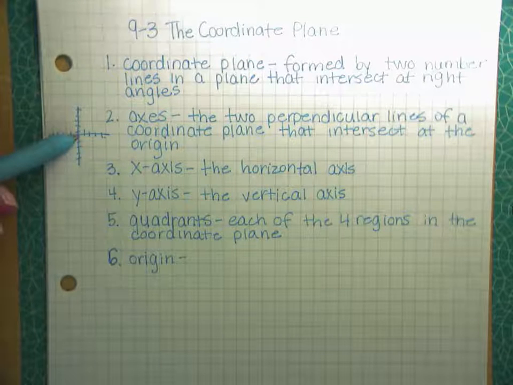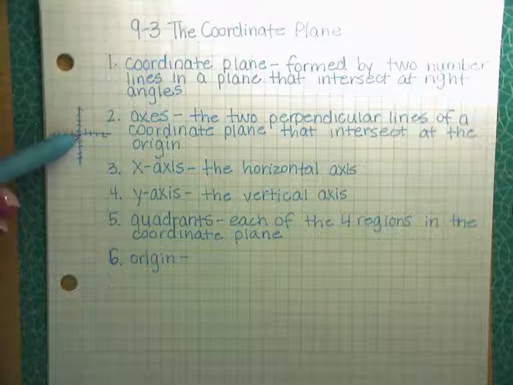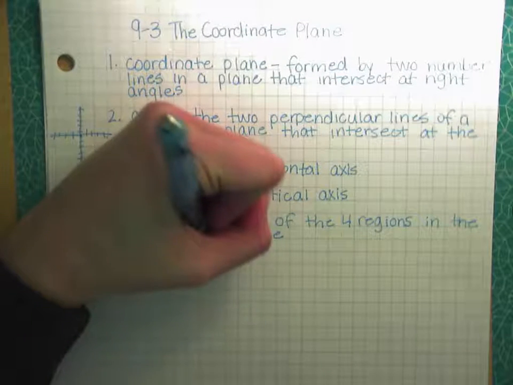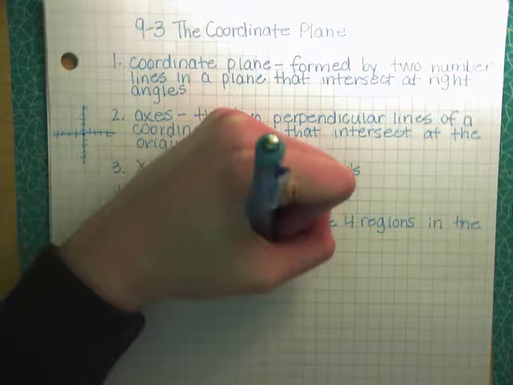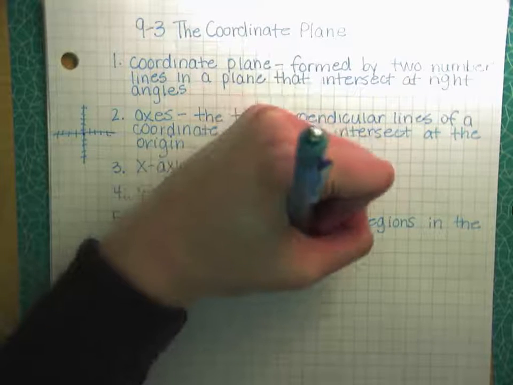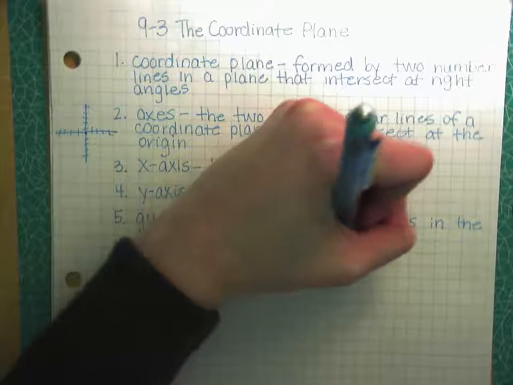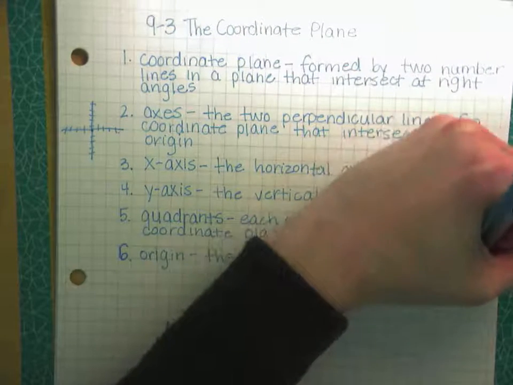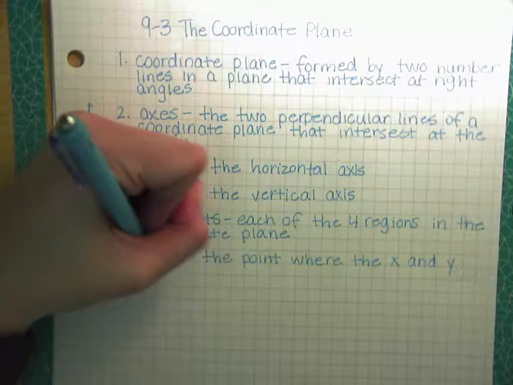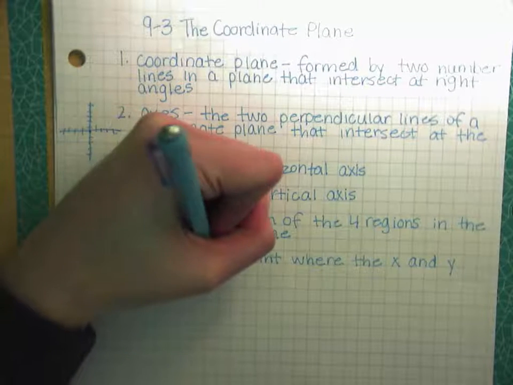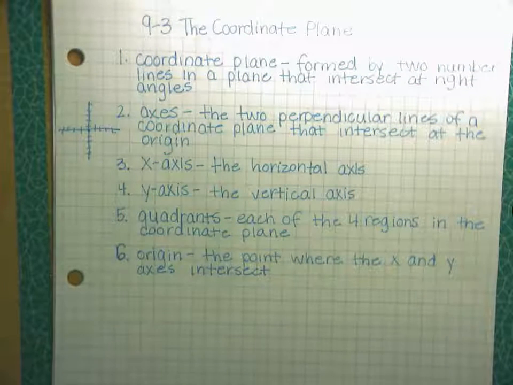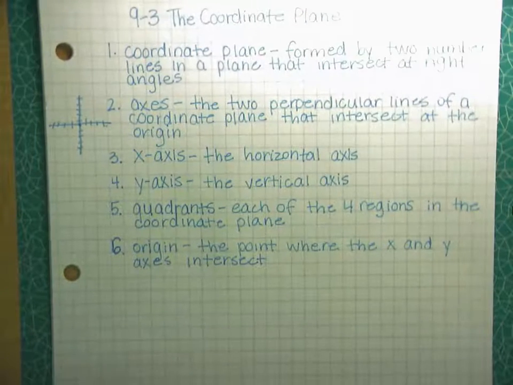So this point right here in the very middle of our coordinate plane, that is the origin. The origin is the point where the x and y axes intersect.